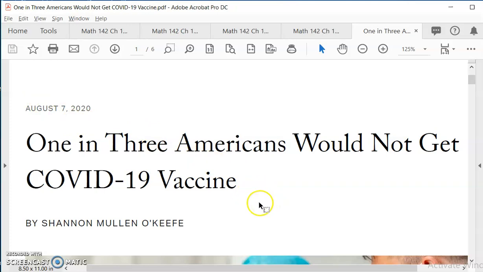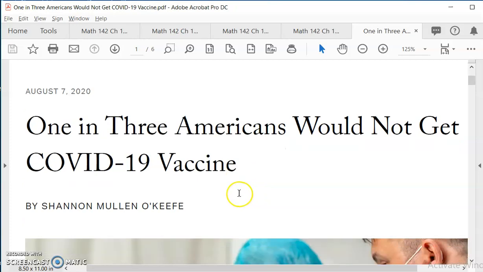The headline says: 1 in 3 Americans would not get a COVID-19 vaccine. Everybody knows that the race is on to get the vaccine and get vaccinated so that we will be protected from the COVID-19 virus. But Gallup conducted a study and found that around 33% of Americans would not get the vaccine, even if it's available.